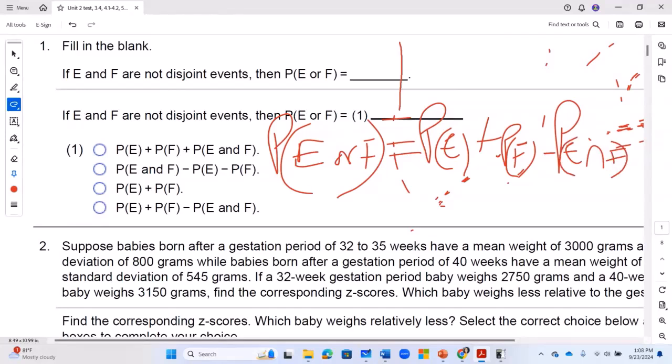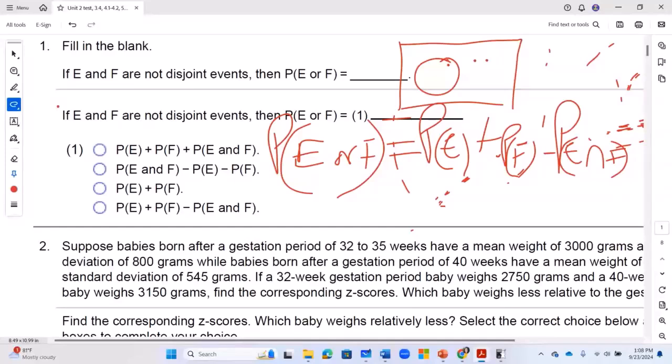Remember, we drew a Venn diagram, and a Venn diagram looked like this. Your Venn diagram has to show their intersection.